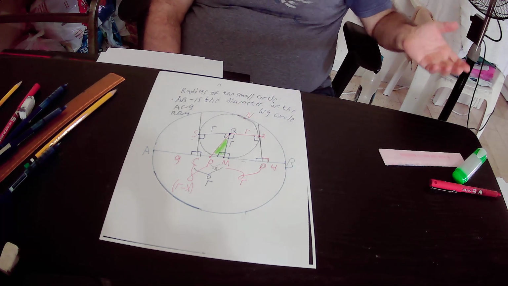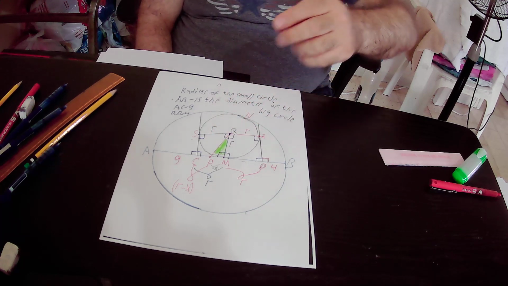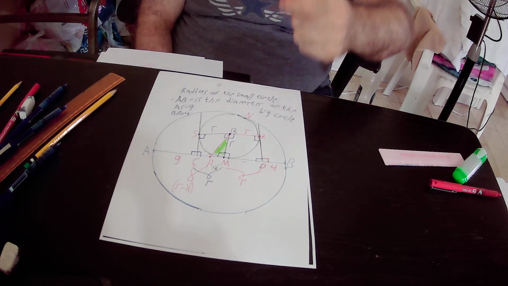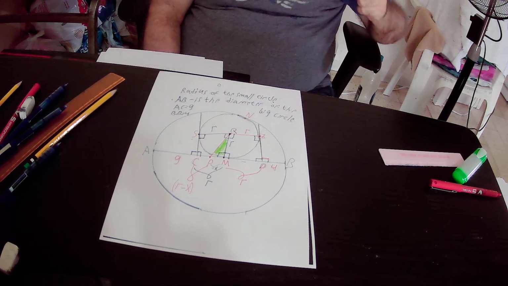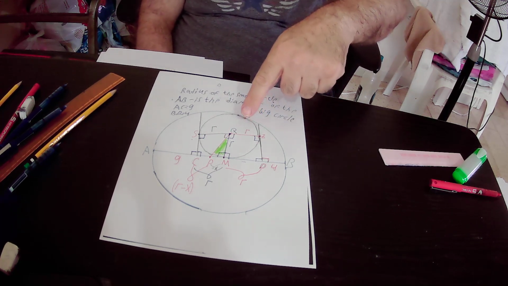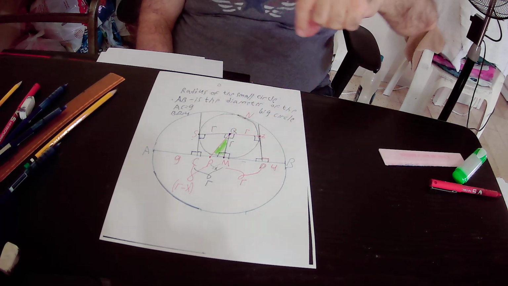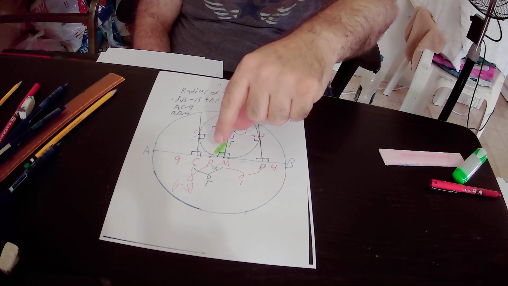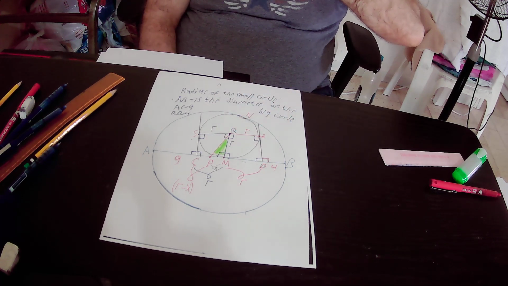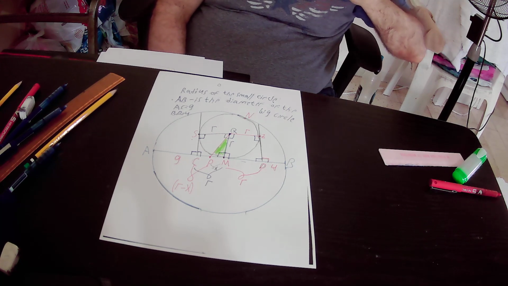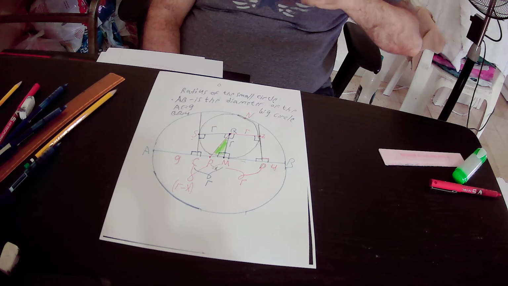So according to rule number 5, the distance between their centers, that is QP, because Q is the center of the small circle and P is the center of the big circle, equals the difference between the lengths of their radiuses.